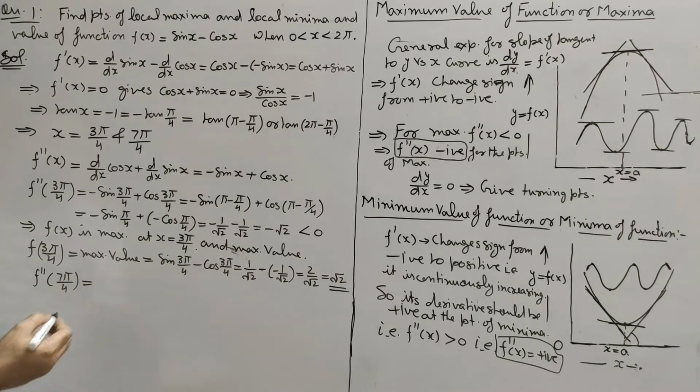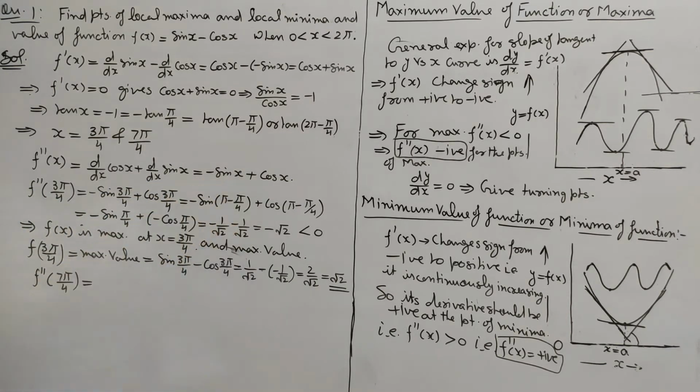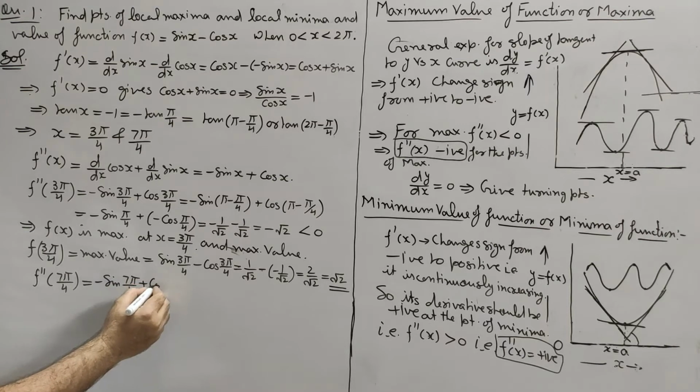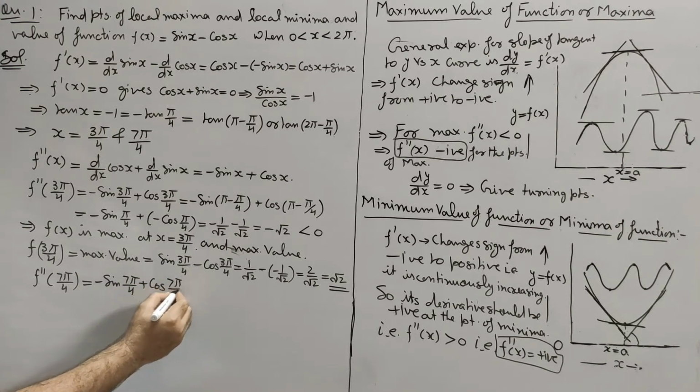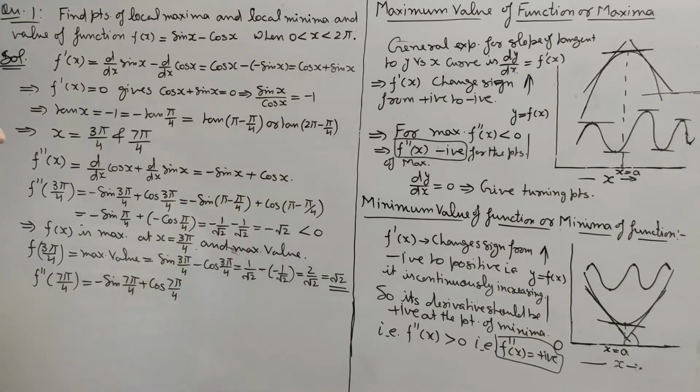So f double dash 7 pi by 4 will be minus sine 7 pi by 4 plus cos 7 pi by 4, because f double dash x is minus sin x plus cos x.